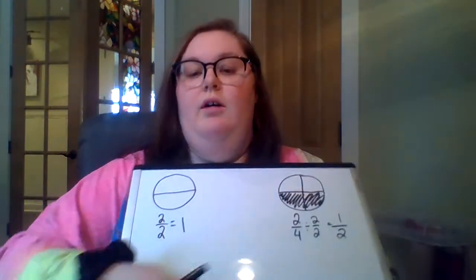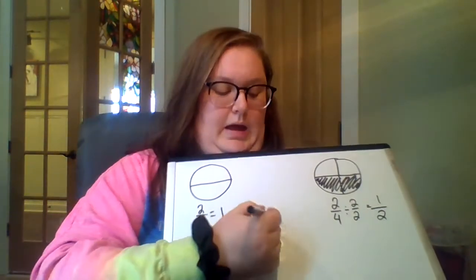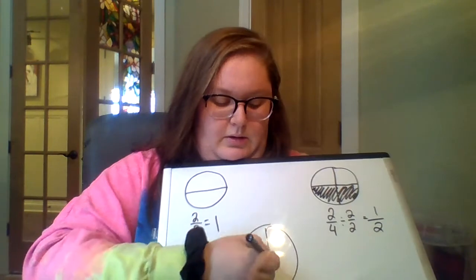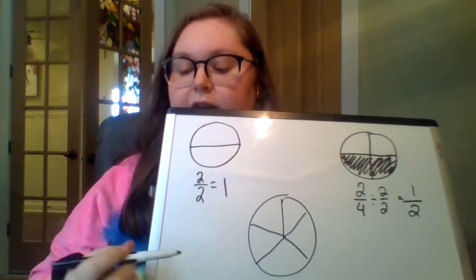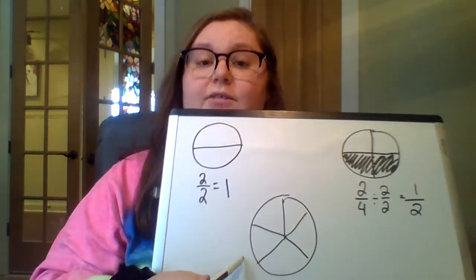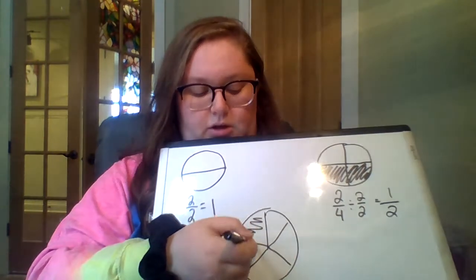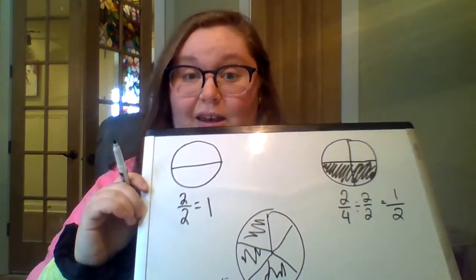Okay? So some questions that we need to consider is, what does the denominator of a fraction represent? Well, I'll tell you. It's the number of equal parts into which any fraction or picture of a fraction that we see is divided. So if I had a picture of a circle divided into, let's say, 5 equal parts, that denominator is showing me how many parts I have of my circle, and then my numerator is going to be how many are shaded in.